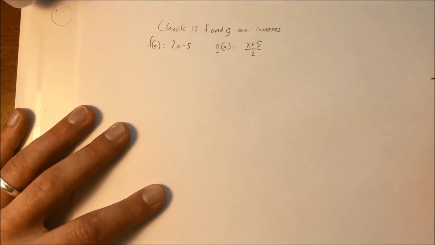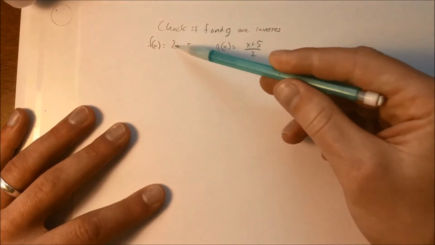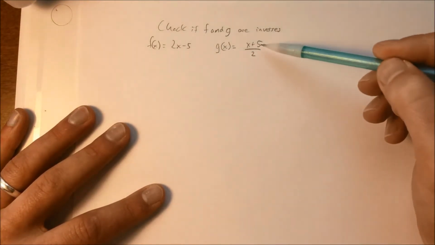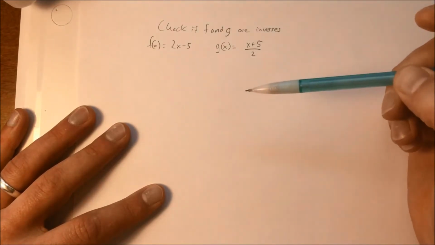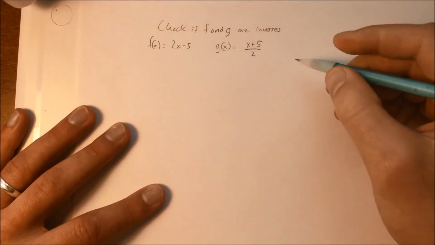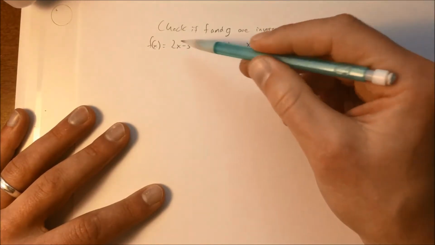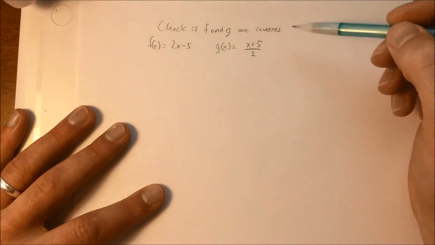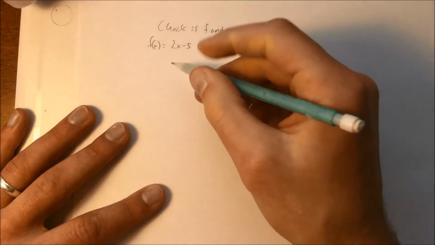Well, if I invert a function, I should end up right back where I started. So I start with x, and I do a bunch of stuff to it. And then if I undo that stuff to it, I should end up right back at x. So here's the thought. I'm going to plug g of x into f of x, and if I end up right back at x, then it's an inverse.